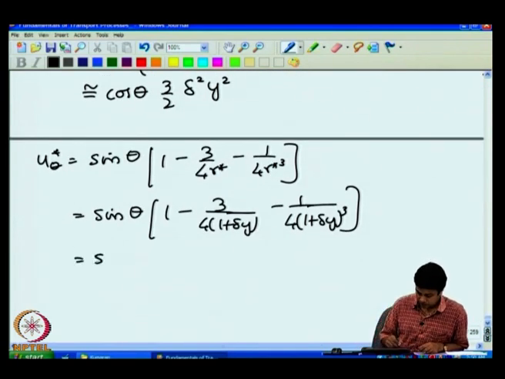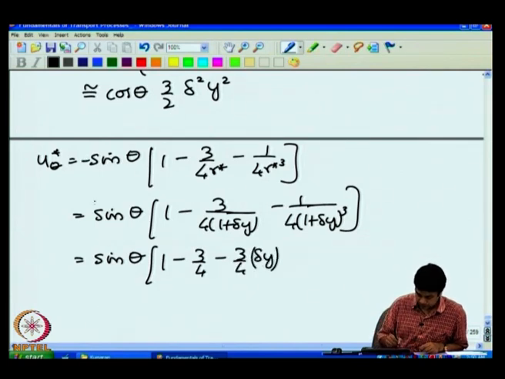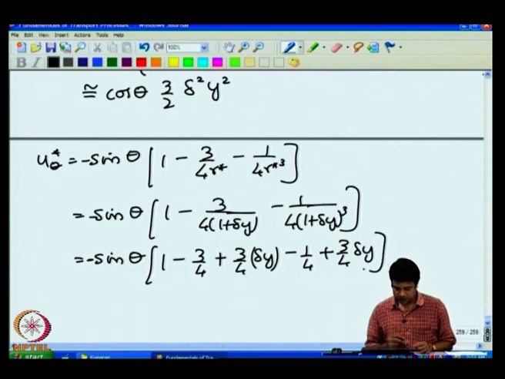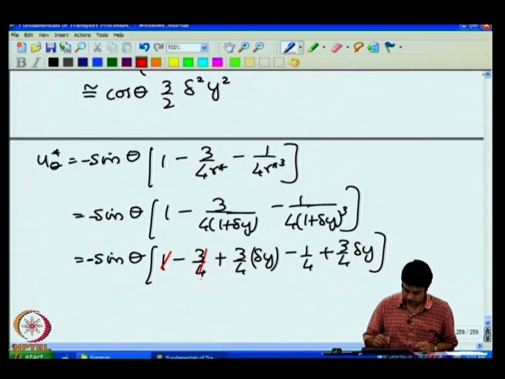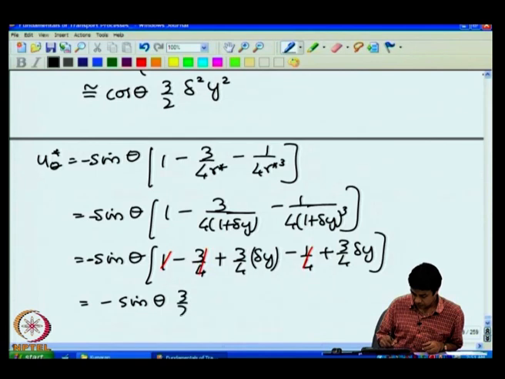And if I use a binomial series, the terms that are order 1 actually cancel out, 1 minus 3 by 4 minus 1 by 4. Okay. And what I end up with is equal to minus sin theta times 3 by 2 delta y.